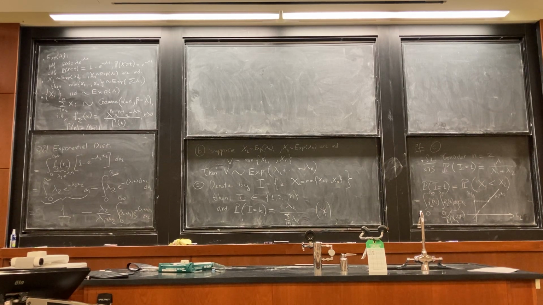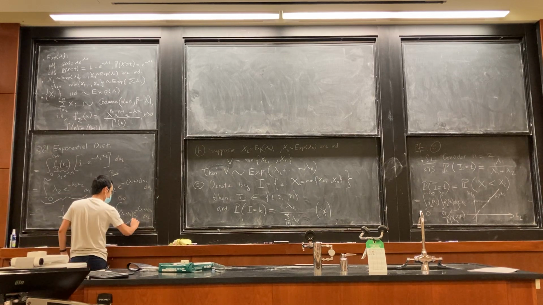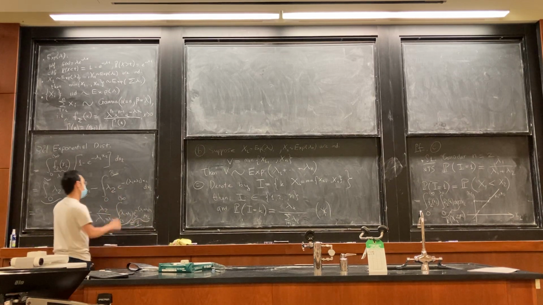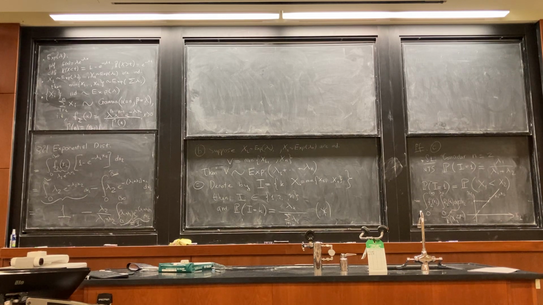Of course, that is how you would want to simplify the integral, so this is equal to 1 as well. The final answer will be 1 minus lambda 2 over lambda 1 plus lambda 2, giving exactly lambda 1 over lambda 1 plus lambda 2, finishing step number 1 on two exponentials.